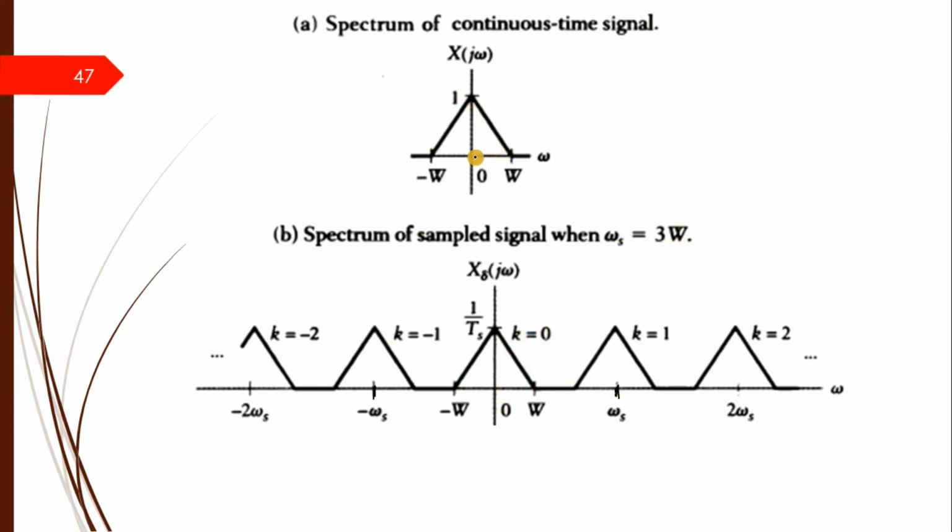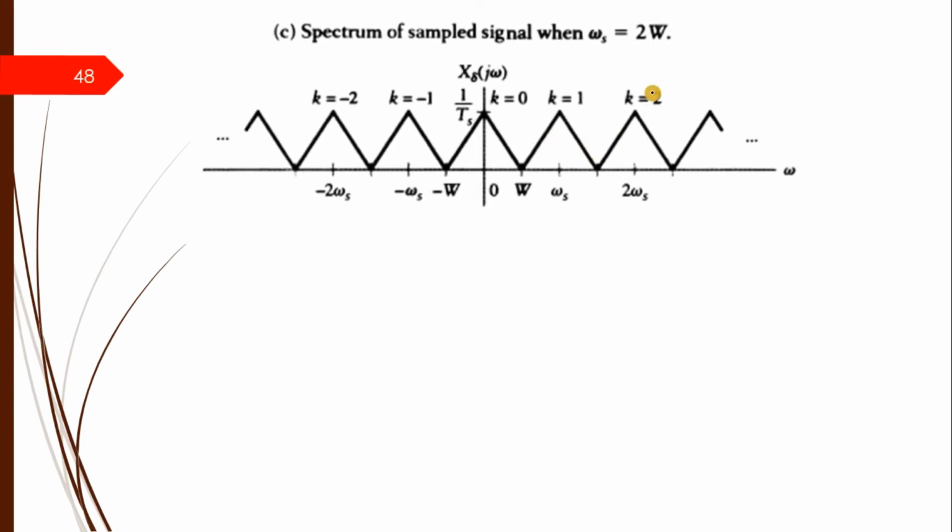This spectrum will be replicated at every omega s, 1 omega s, 2 omega s, 3 omega s, as k varies, it goes on replicating. These are replicas or harmonics of the frequency components. So X delta of j omega will result in this fashion. Actually, the continuous time spectrum should have looked like this, but the sampled signal's frequency spectrum will look in this fashion.